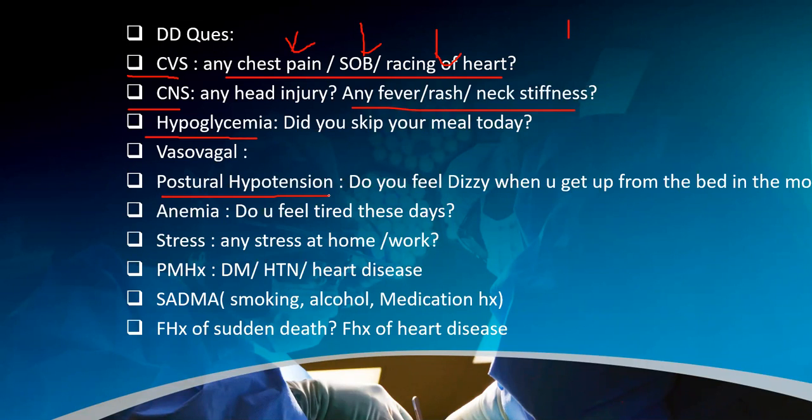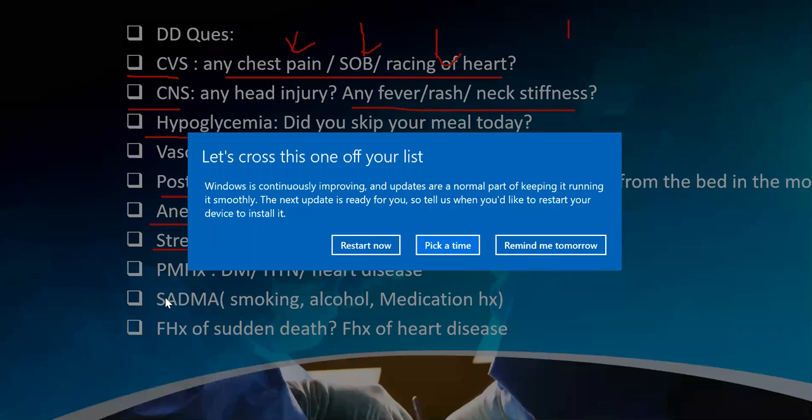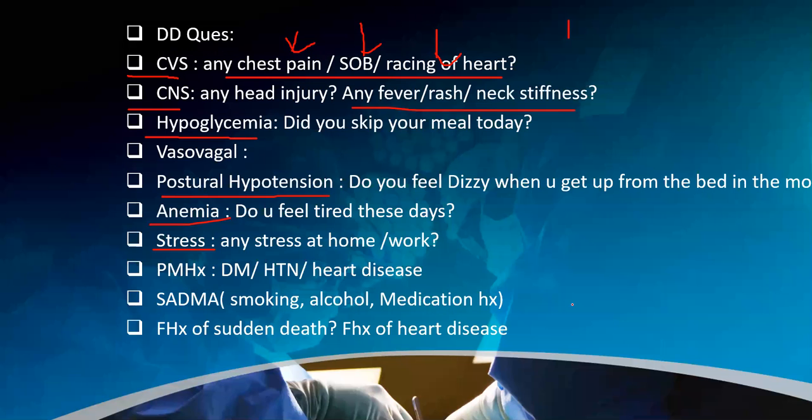So that's why we ask, do you feel dizzy or lightheaded when you get up from the bed in the morning? Very important question. For anemia, do you feel tired, fatigued these days? For stress, any stress at your home or work? That usually covers our differentials. Sometimes infection can cause syncope also, so you can ask about any recent fever, flu-like illness, cough or cold.